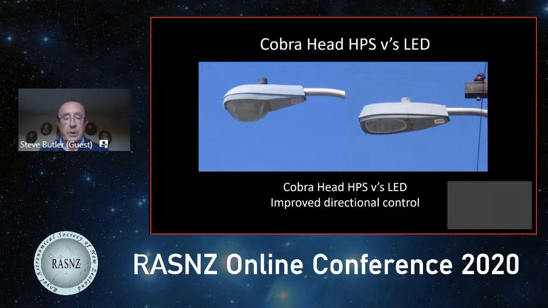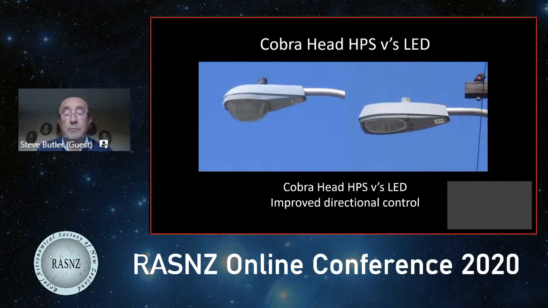The one on the right is a fairly standard Cobra head LED style lamp, and it's huge, typically mounted fairly flat and pointed. The light trends almost vertically downwards, so there's very little direct spill up into space.